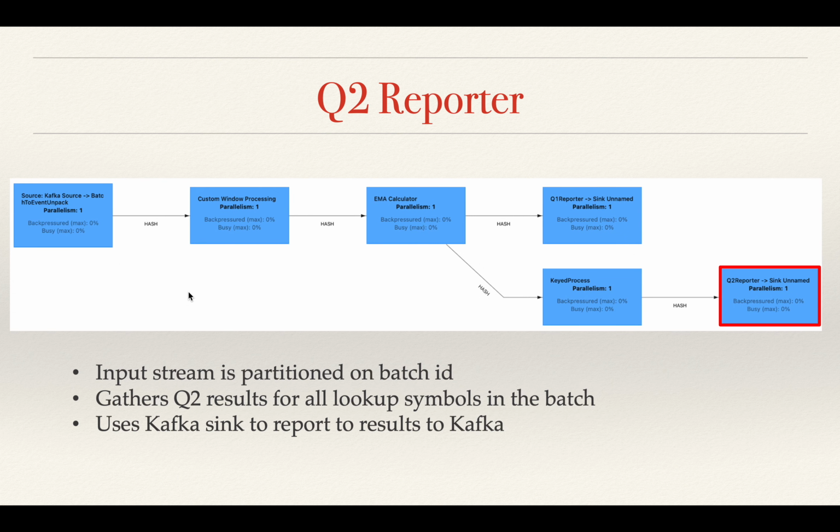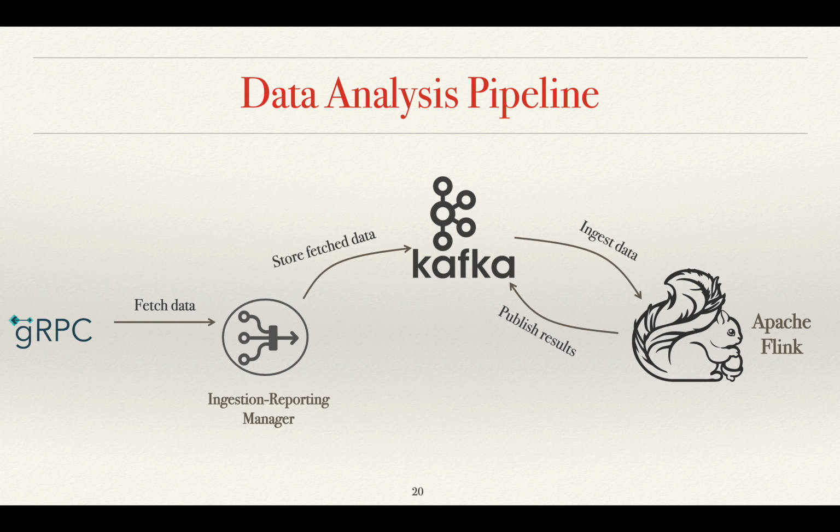Finally, the query 2 reporter, similar to the query 1 reporter, gathers query 2 results for all lookup symbols, and it finally writes the results to Kafka. And finally, our reporting process subscribes to the query 1 and query 2 result topics and reports back to the challenge platform.